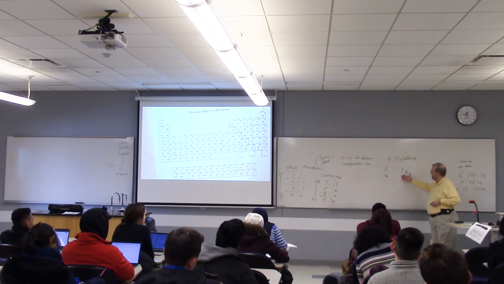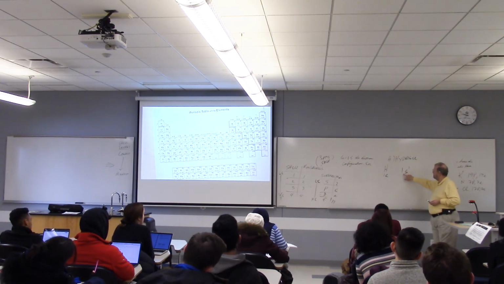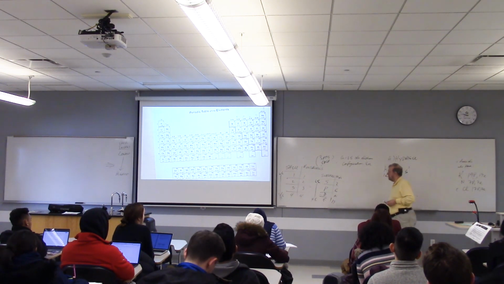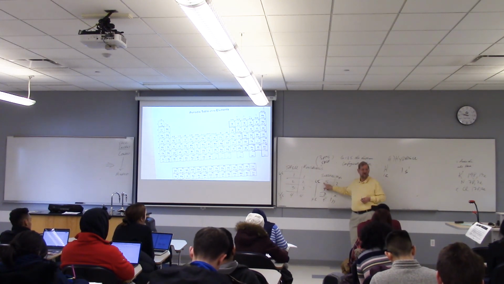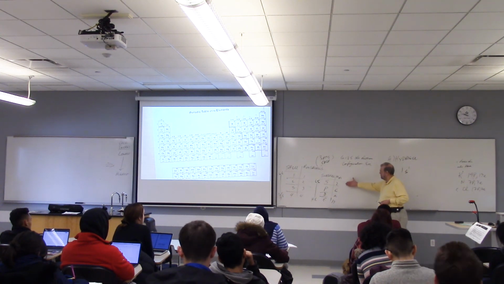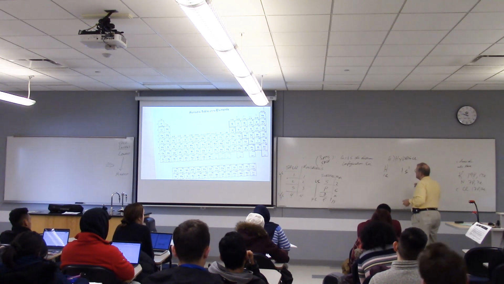The lowest shell, you start out filling electrons is shell 1. How many subshells does shell 1 have? 1. And you start with the lowest energy, and that's 1s. How many electrons can you put in there? 2. Well, we only have to put in 1, so I'm done.